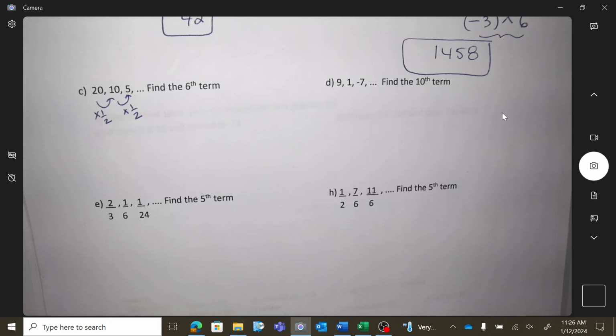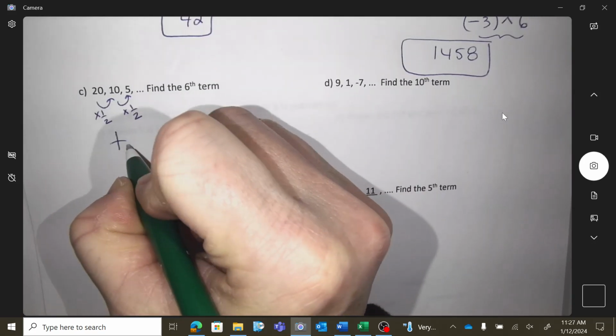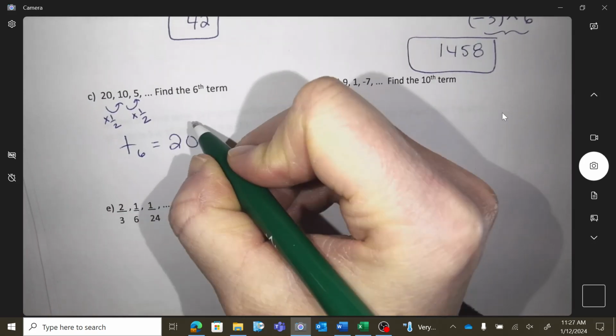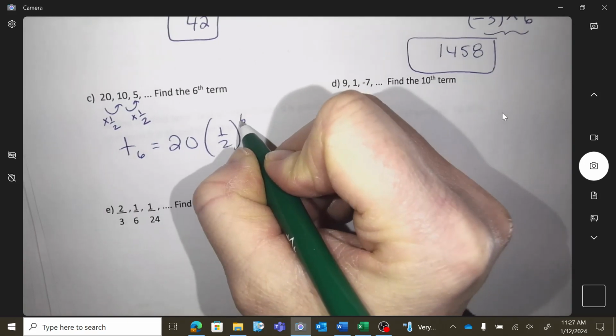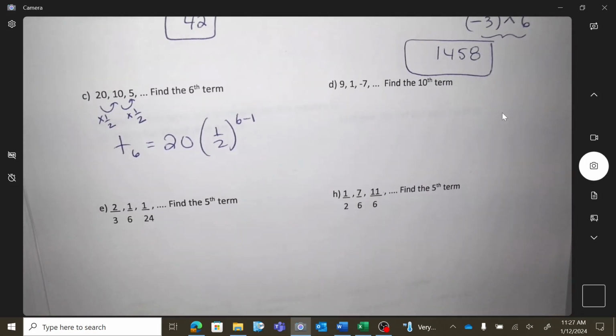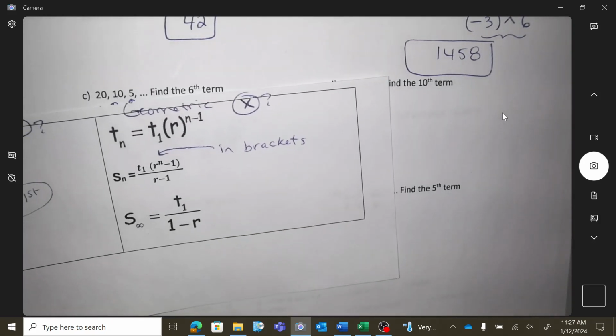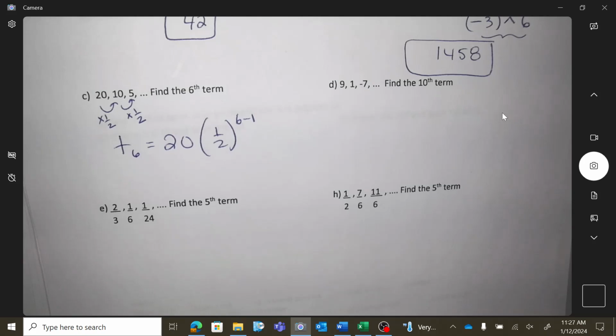So I figured out that I'm doing a half every time. So geometric, so I'm doing a geometric sequence formula for my sheet now. And again, you're looking for the ones that have R's in it. As soon as you see geometric, that's an R.